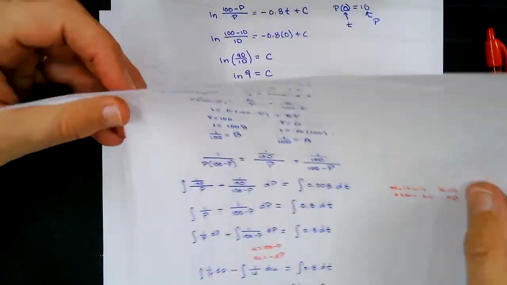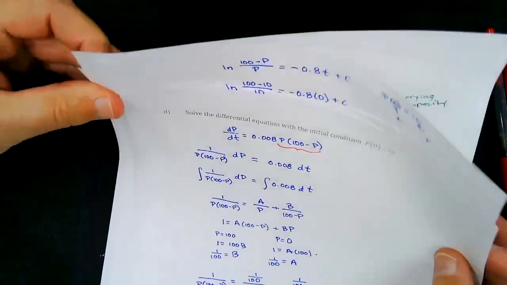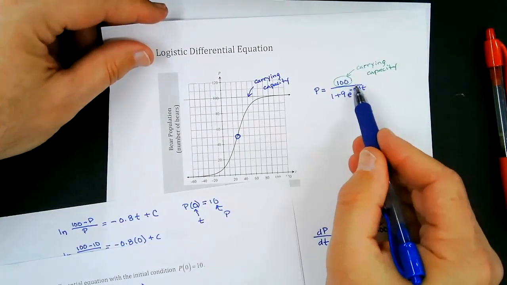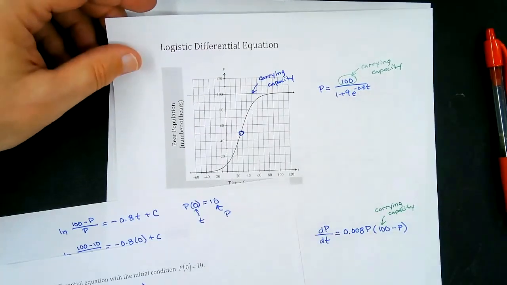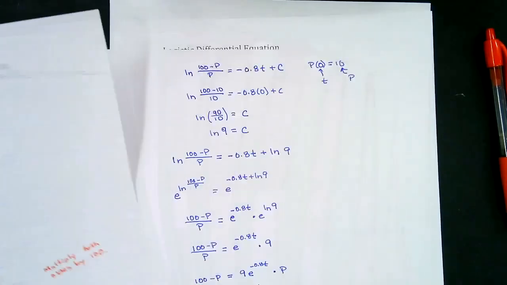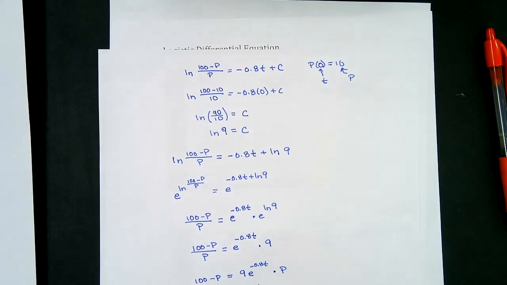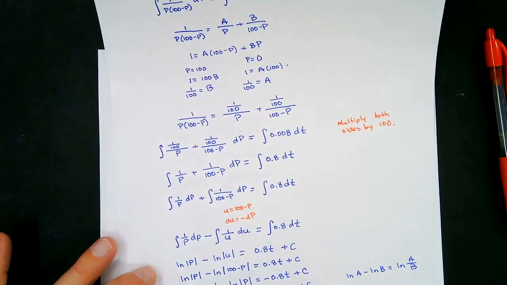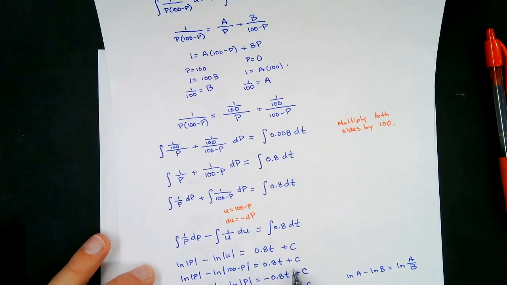Because on a logistics function, this exponent right here is always going to be negative. So that was me knowing where I was going with this, going from here to here, why I multiplied both sides by negative 1, because that switched the order and caused this 0.8t, which is positive, to become negative.